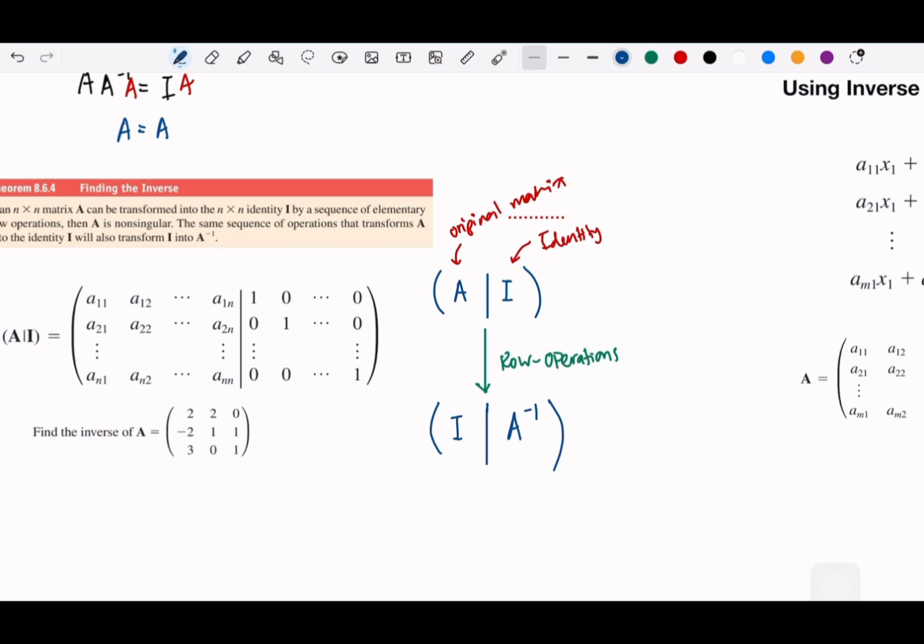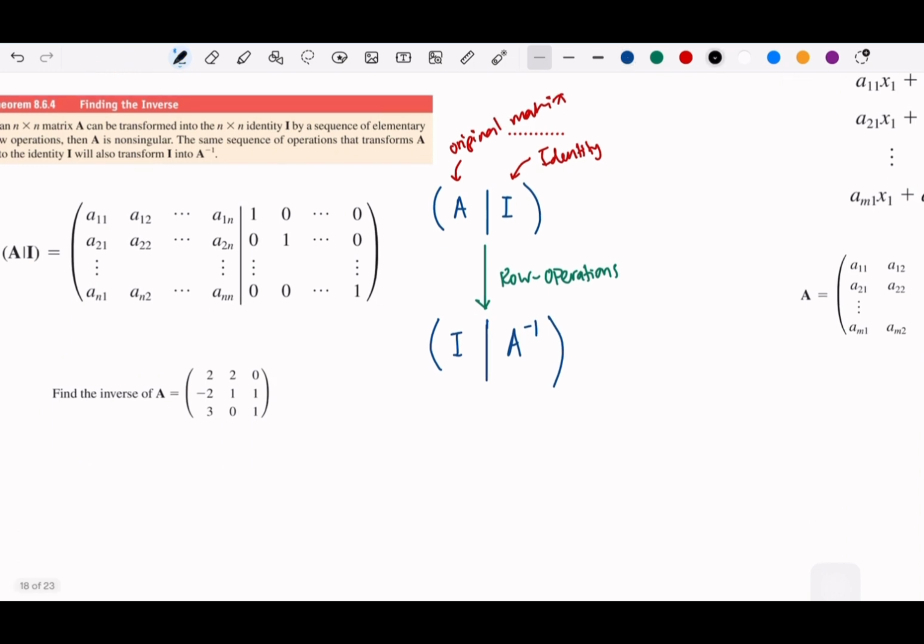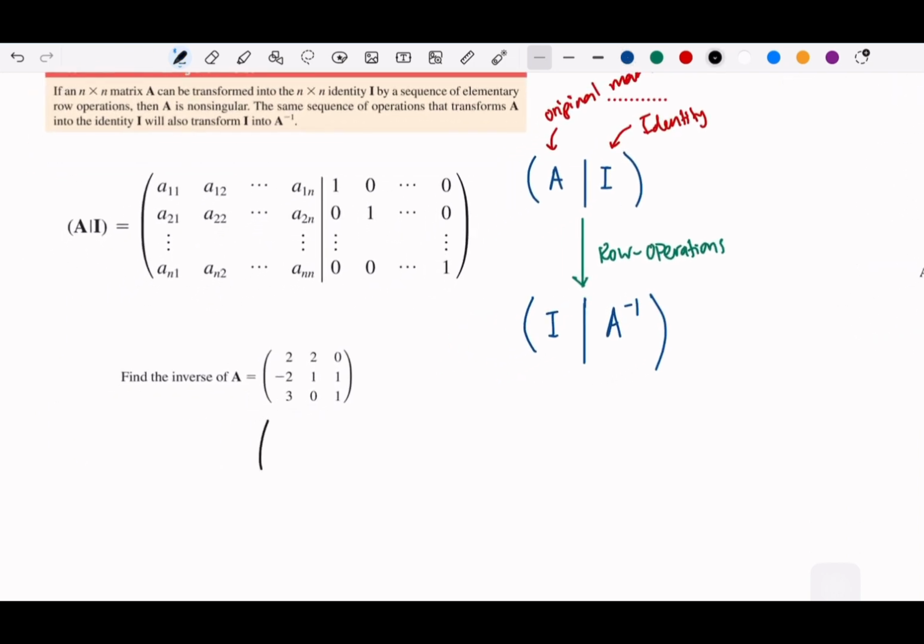Okay, now for an example, we could try this one. We could write, first, taking all of this: 2, 2, 0, negative 2, 1, 1, 3, 0, 1. And, oh sorry, it should be 1, 0, 0, 0, 0, 1, 1, 0, 0. Okay, now let's do the row operations.